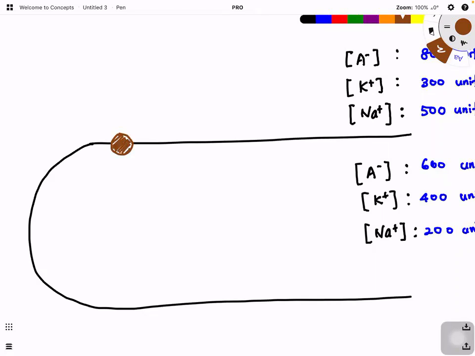For the sodium potassium pump, we use ATP to phosphorylate the pump, and then we actively pump out 3 sodium ions and take in 2 potassium ions. Now, this is one round.